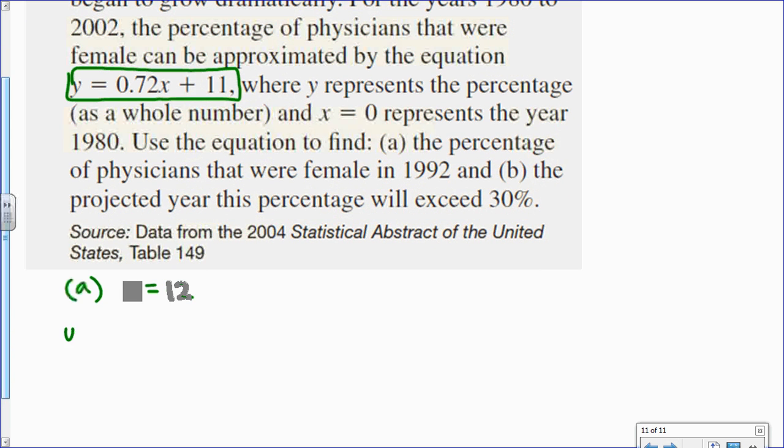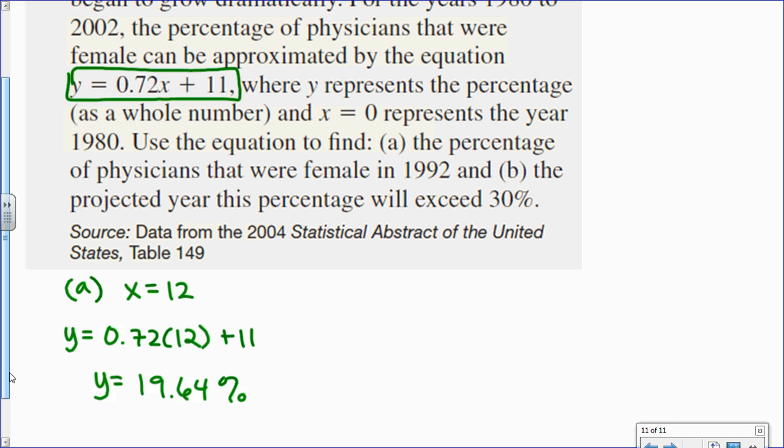So I'm going to plug that in my equation. What do we get? Okay. And percent. Good.